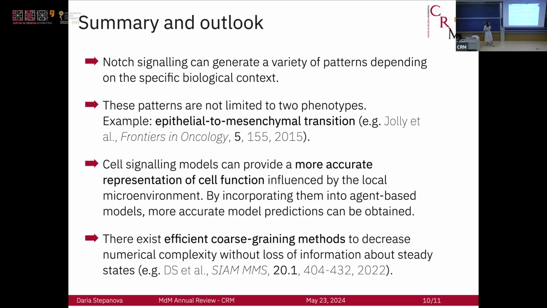And finally, if you think that those types of cell signaling networks are too complex to be included in these agent-based simulations, in reality, there are different efficient coarse-graining methods. So you do not have to sacrifice the description of the system, but you can reduce its numerical complexity. And we've also been working on this. So if you're interested, I can let you know about those.